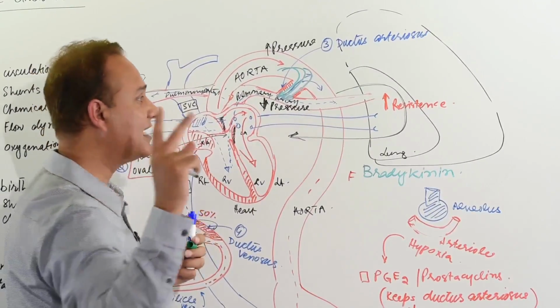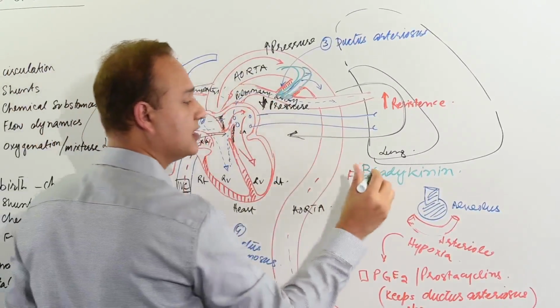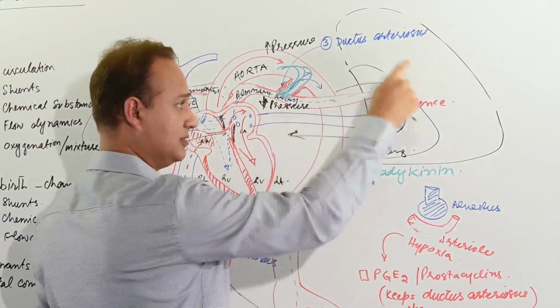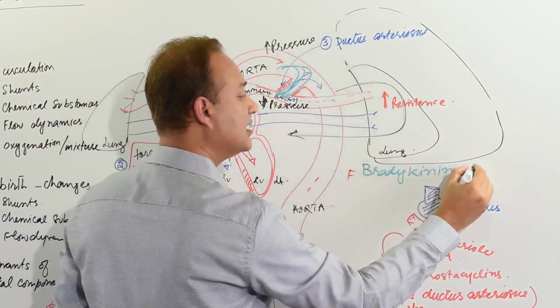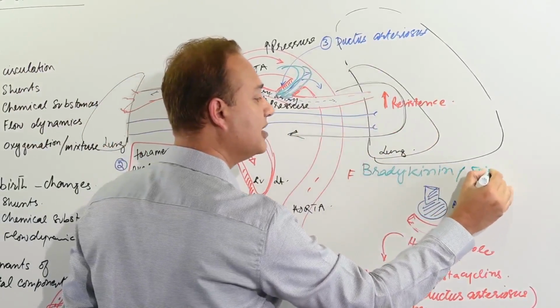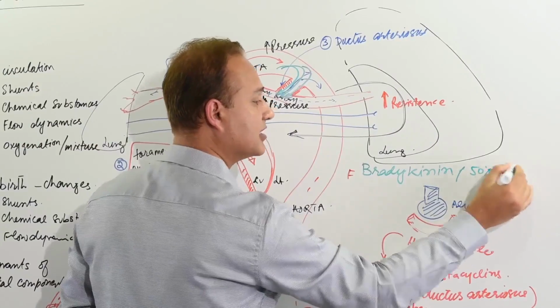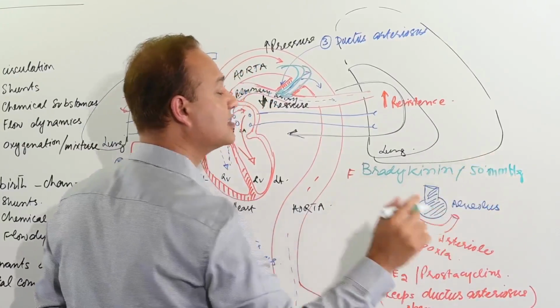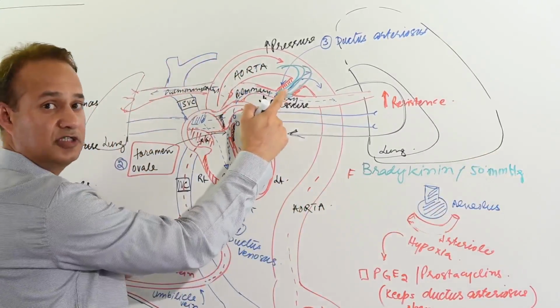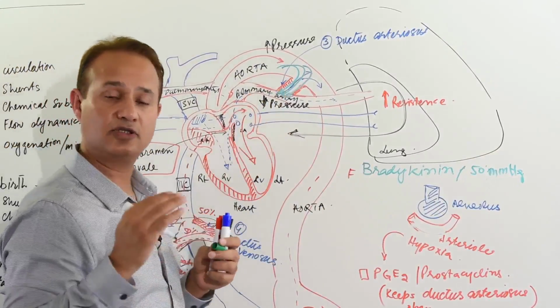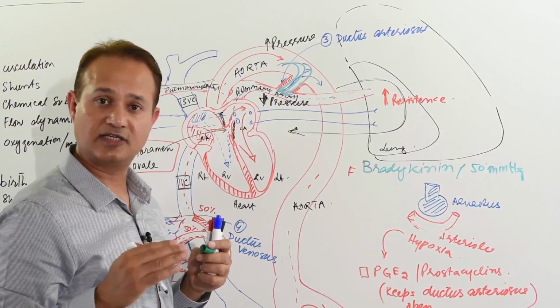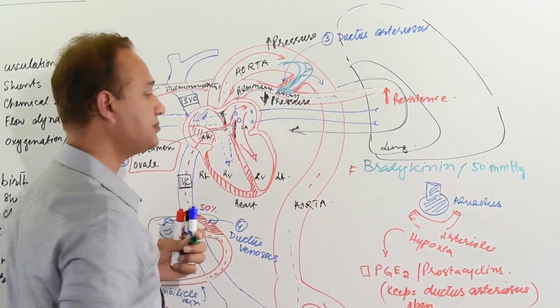That is one. Second, the oxygen level is increasing now because the baby is breathing. So when there is more than 50 millimeters of mercury, not 50%, of oxygen pressure, that also acts on the ductus arteriosus to start constricting it.